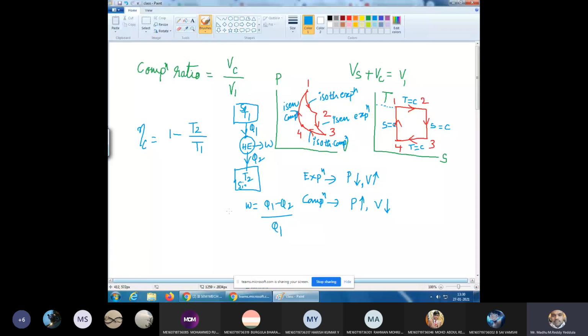So efficiency is work done by heat supplied, which gives 1 minus T2 by T1. Correct, right? So T2 is the lower temperature, T1 is the higher temperature.